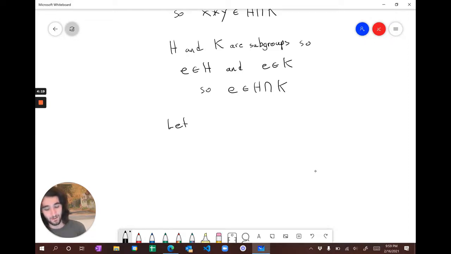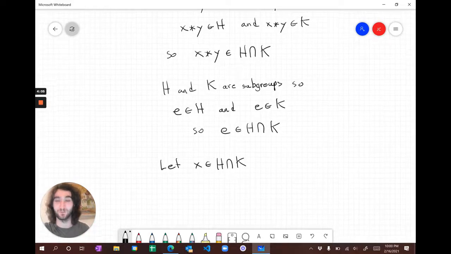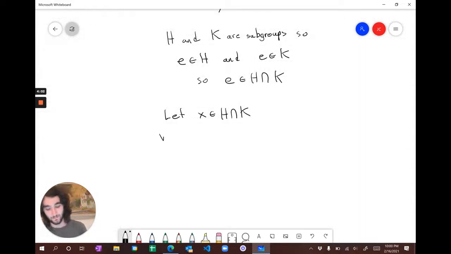So we'll just pick some element of the intersection, and we have to show that its inverse is also in the intersection, right? Well, the key to that is pretty much the same as it was for closure. I'll say X is in H and it's also in K, since that's what it means to be in the intersection.